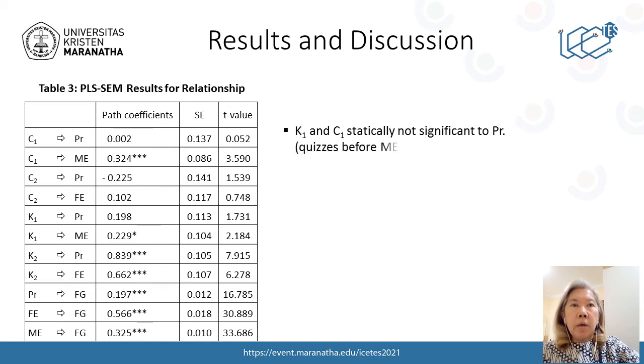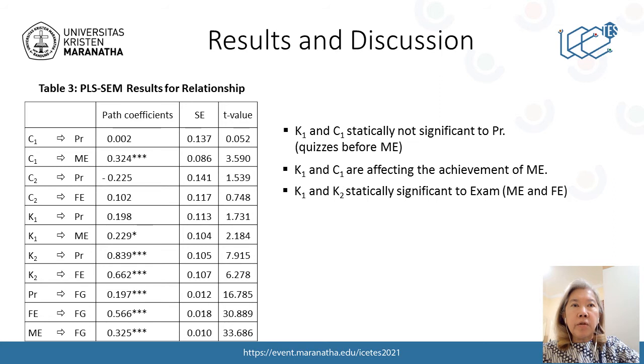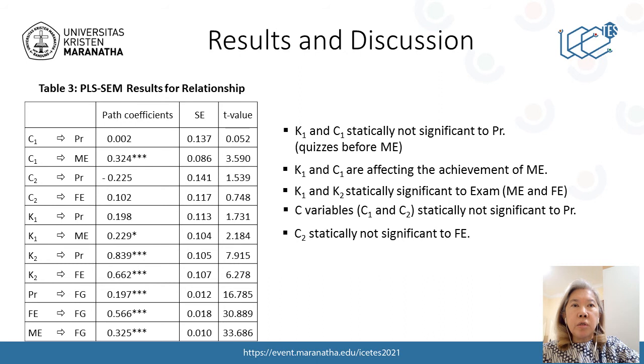K1 and C1 are affecting the achievement of the mid-exam. K1 and K2 are statistically significant to the exam. C variables are statistically not significant to practices. C2 is statistically not significant to the final exam.